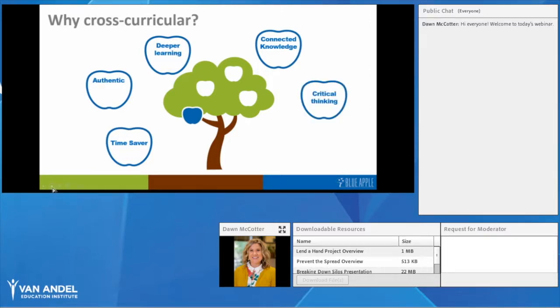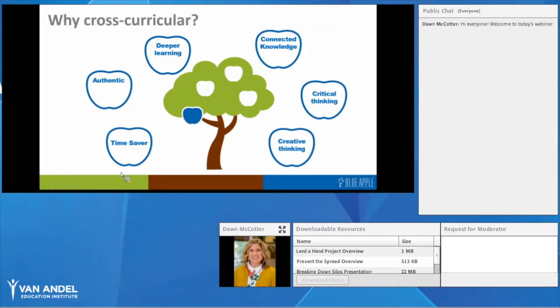And lastly, we're going to be promoting those non-cognitive skills that, as we know, are so important to being successful. And that is critical thinking and creative thinking as well. So those are some of the main reasons that teaching in this integrative approach is important.